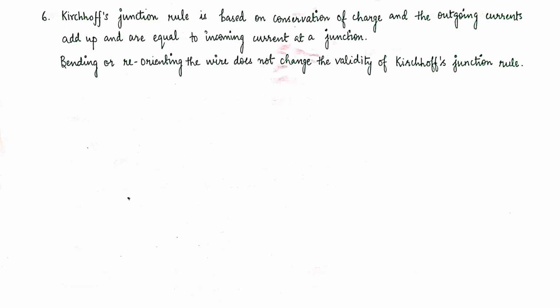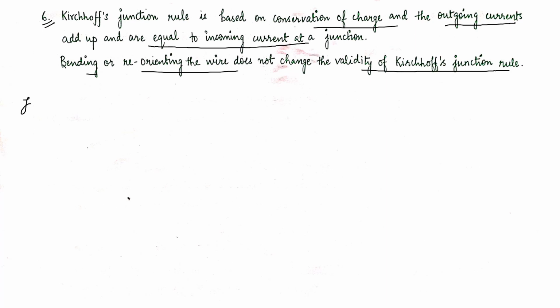Now the sixth point. Kirchhoff's junction rule is based on conservation of charge, and the outgoing currents add up and are equal to the incoming current at a junction. Bending or reorienting of a wire does not change the validity of Kirchhoff's junction rule.